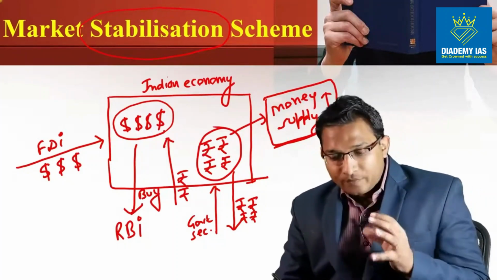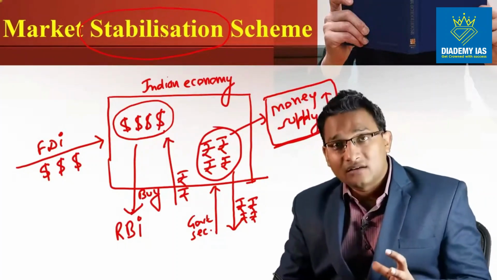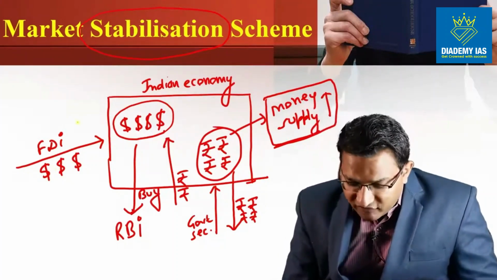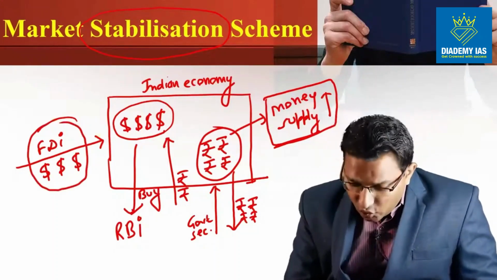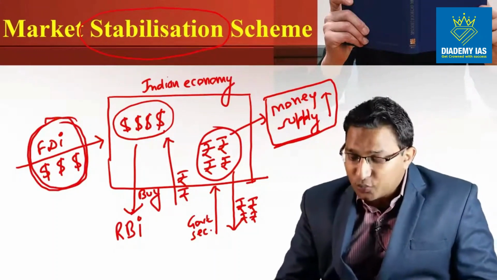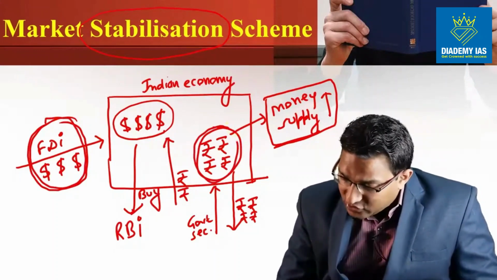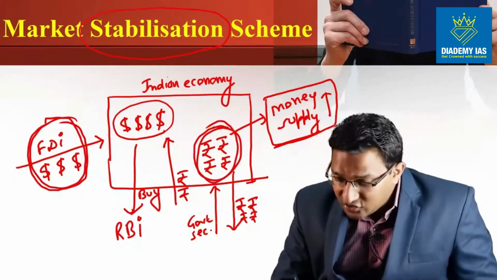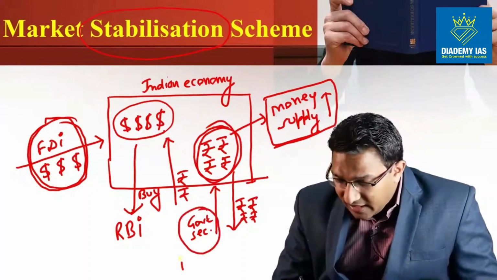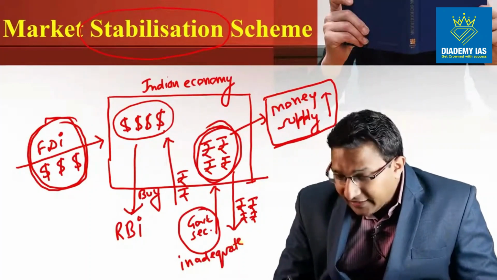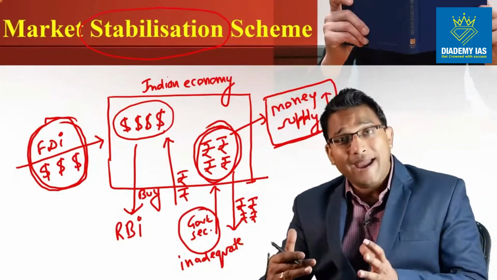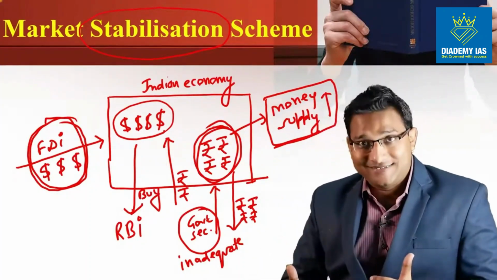But the problem is that this FDI is so huge that the corresponding rupee supply is also very huge, and these government securities are inadequate to buy back all these rupees from the market.